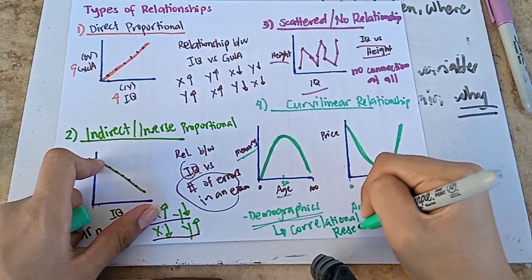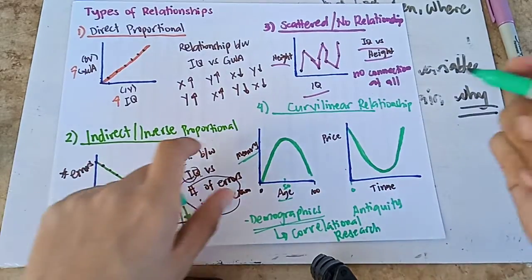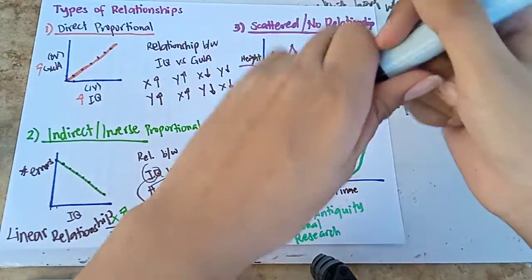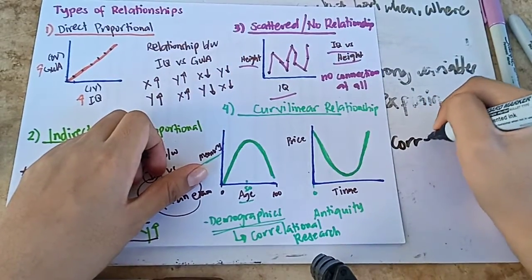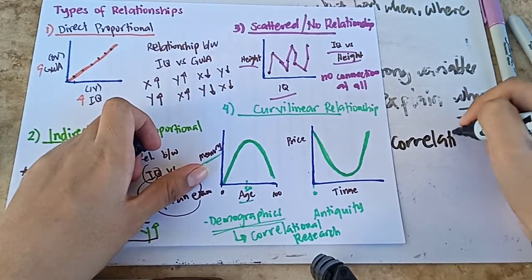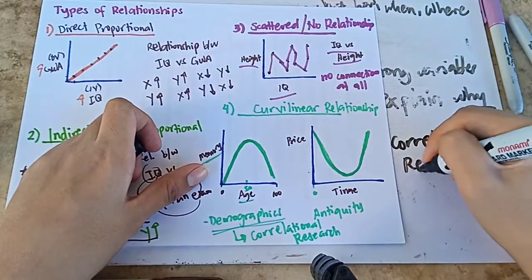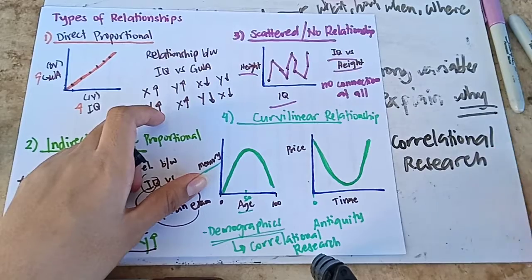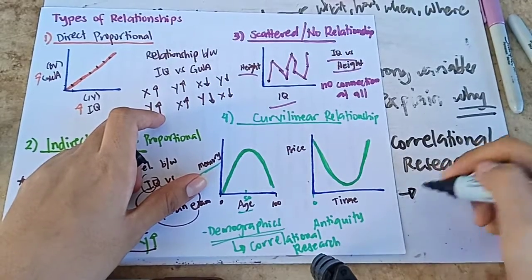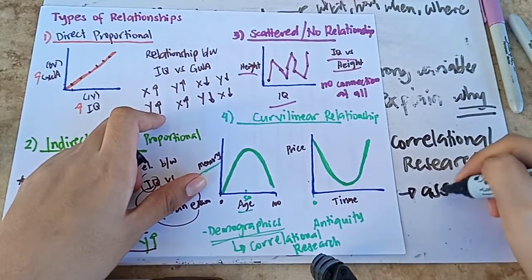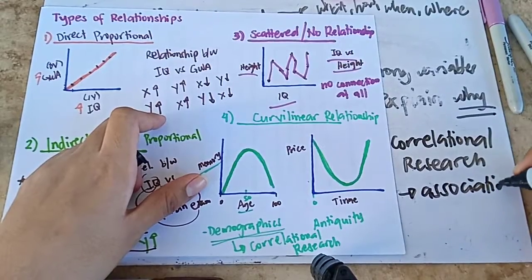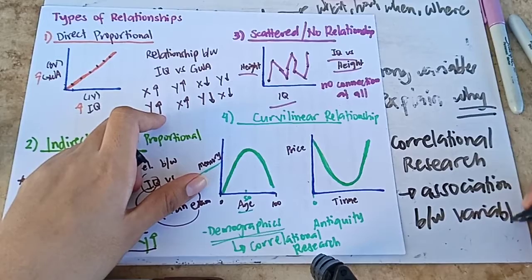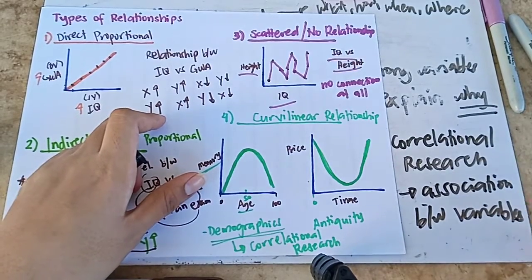In correlational research, let us try to write it down. Whenever we say correlational research, it is different from descriptive research. Why? Because correlational research studies the association between variables. It studies the connection between variables.